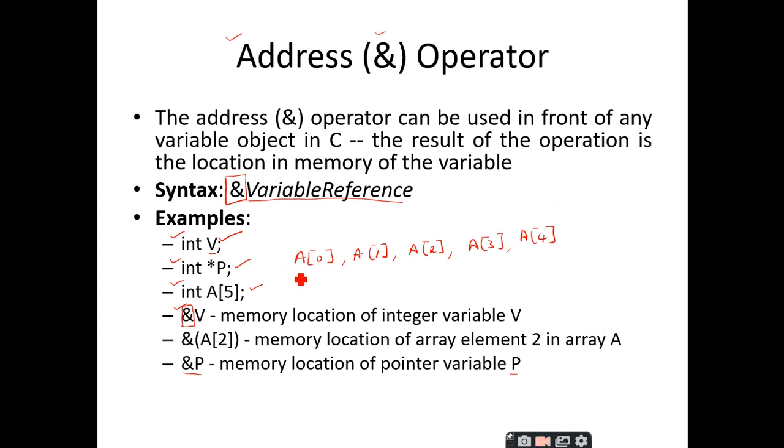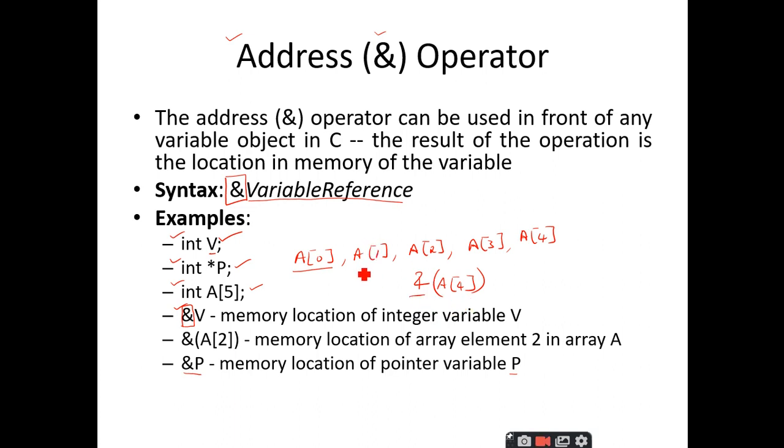For each and every individual element I can get the address. For example, I want to get the address of A of 4. I should write that element A of 4, but since I am going to access the address, it should be preceded with the address of symbol.